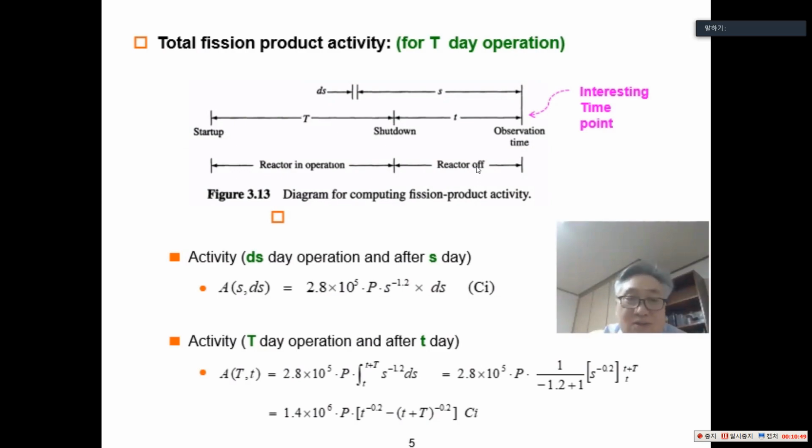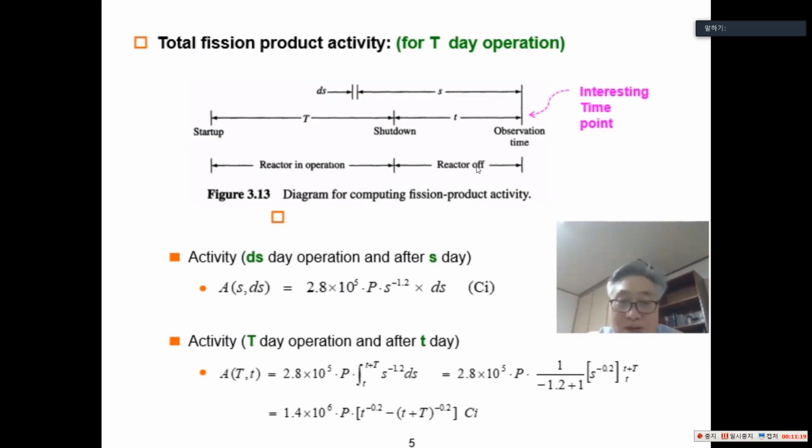And during the T plus t period, so we assume firstly one nuclear reactor is operated for T plus t period. That is one calculation. And the second calculation is the same nuclear reactor is operated for just small t period, and we just subtract it. Then we get this expression.